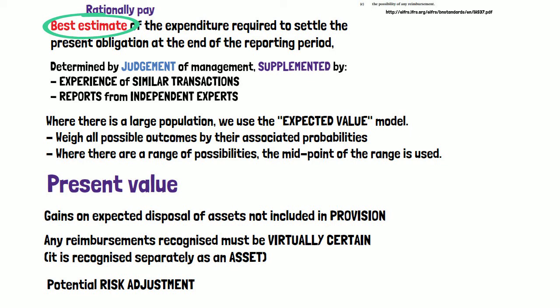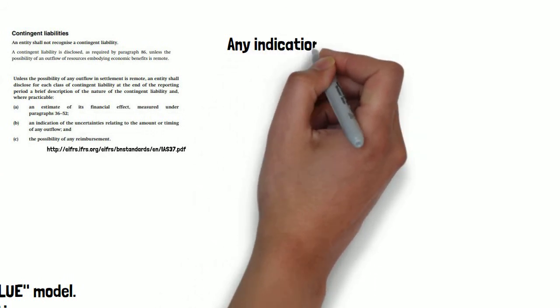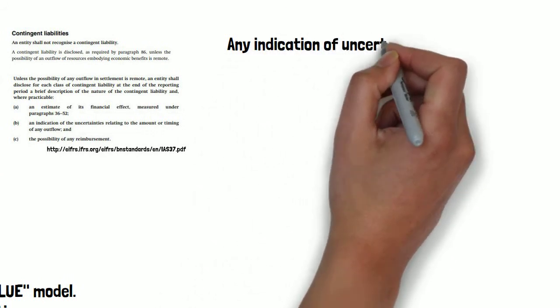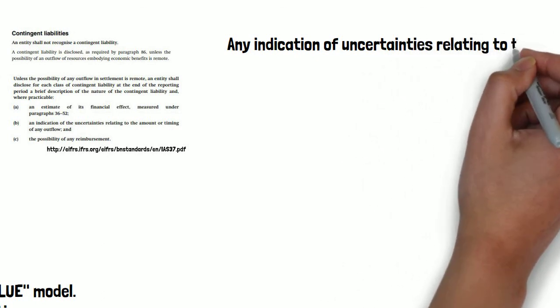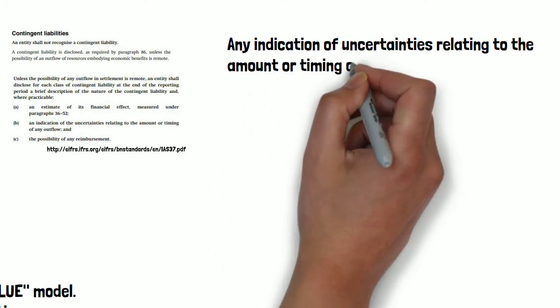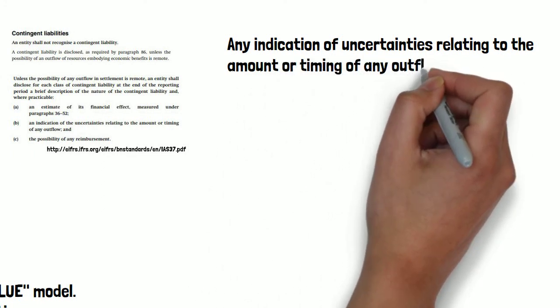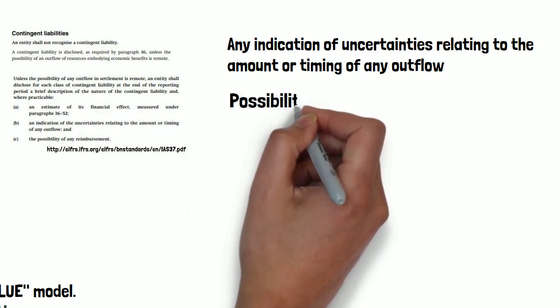Okay, so that's everything on how to calculate the estimate of the financial effect. The other things that need to be disclosed are any indication of uncertainties relating to the amount or timing of any outflow. So this is giving information to the user which tells them, well, actually, we think it's this, but it could be this as well, because of a difference in this and this.